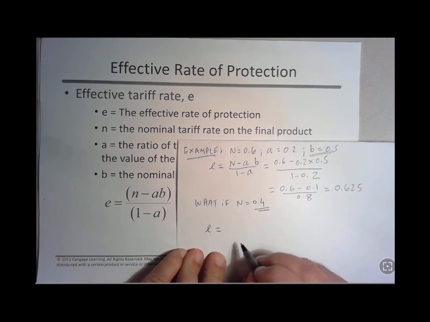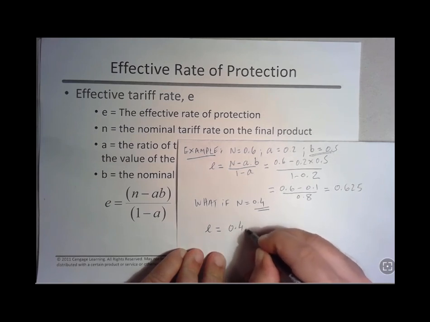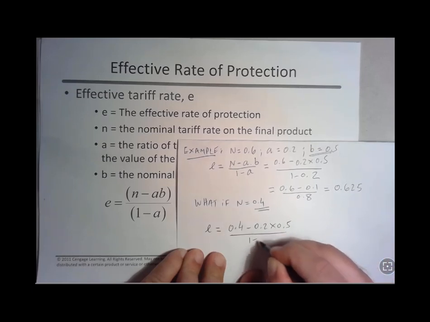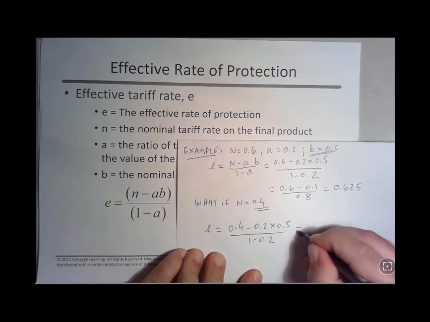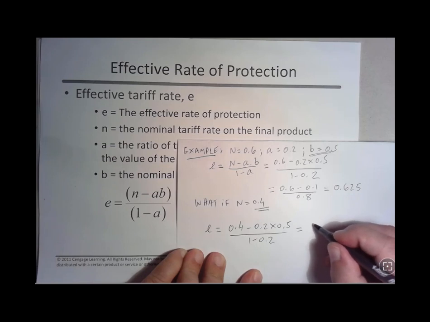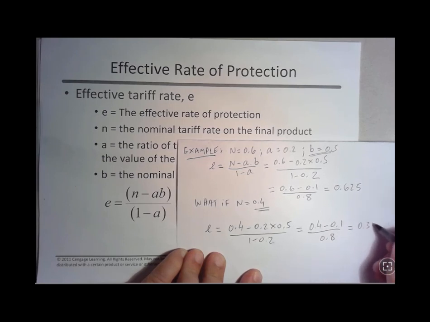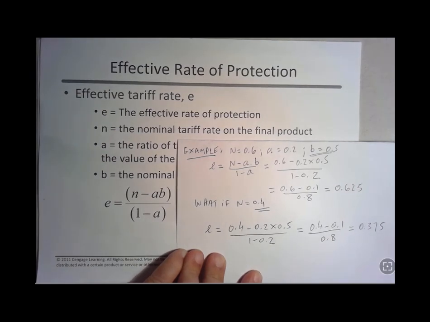Well, the effective rate of protection therefore is 0.4 minus 0.2 times 0.5, divided by 1 minus 0.2, meaning that now we're going to have 0.4 minus 0.1 divided by 0.8, and this is going to give 0.375. So now, in this scenario, the degree of effective protection goes down to 37.5%.